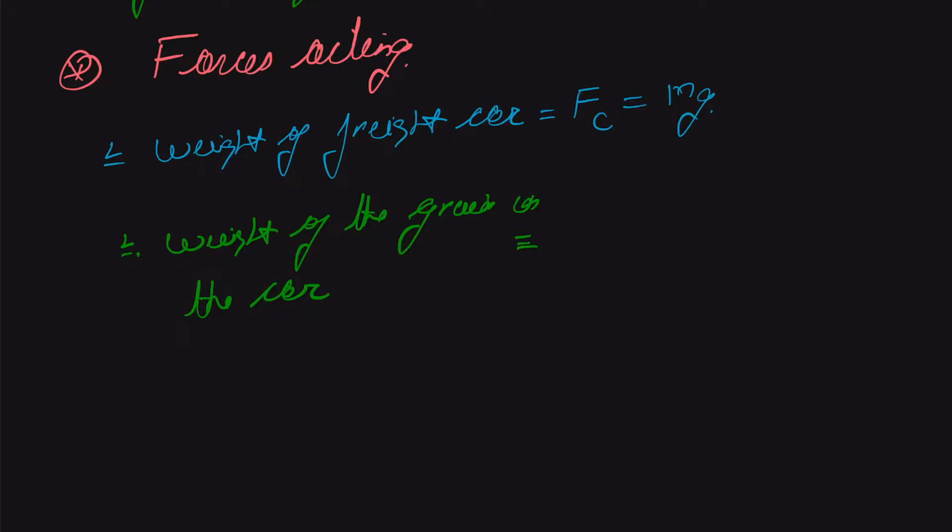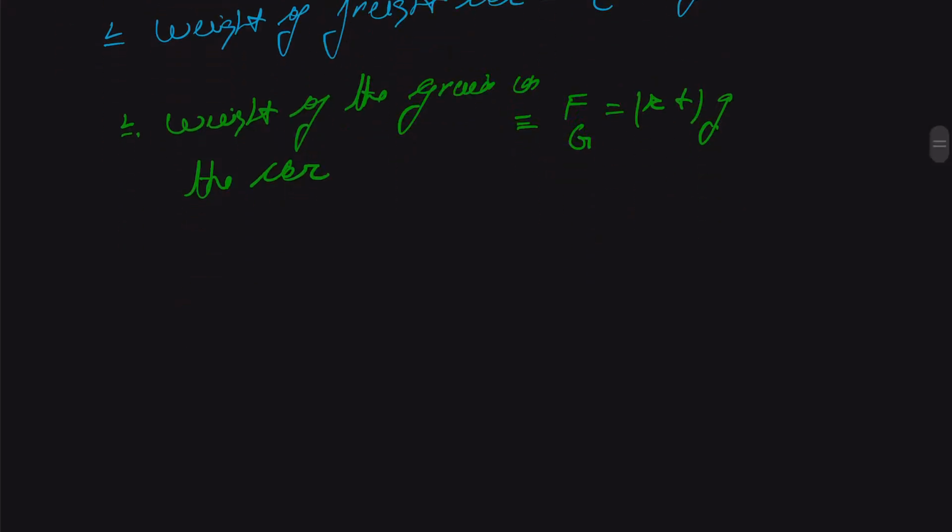Let us call this Fg, where g stands for grain. That will be equal to its mass, which we have found out is R t, multiplied by g.